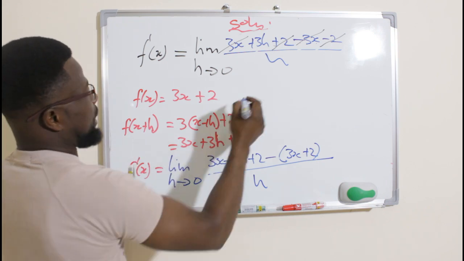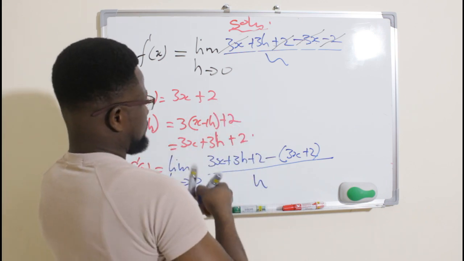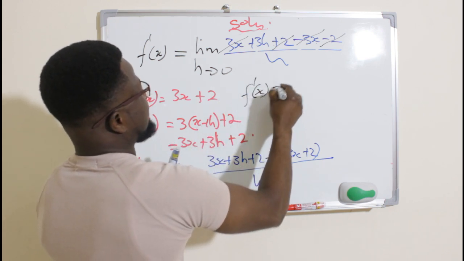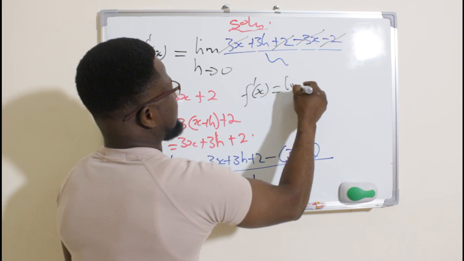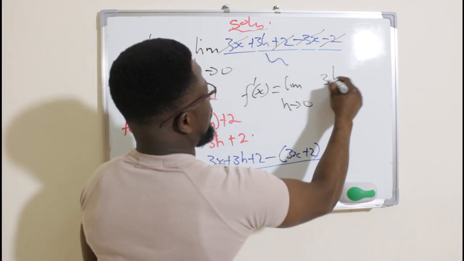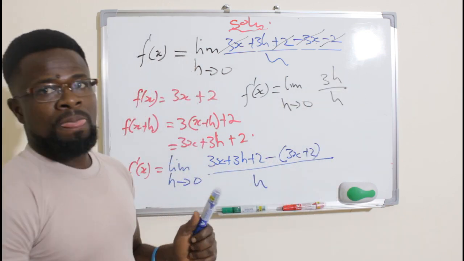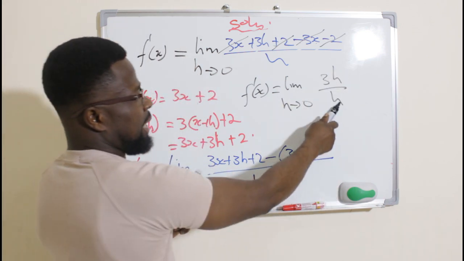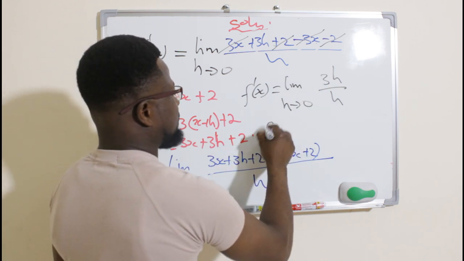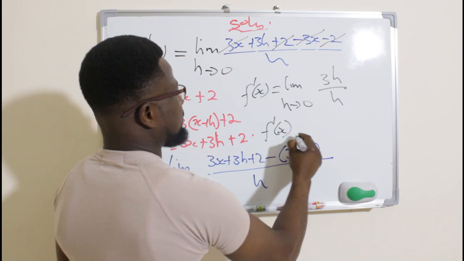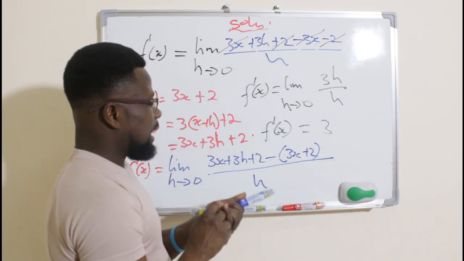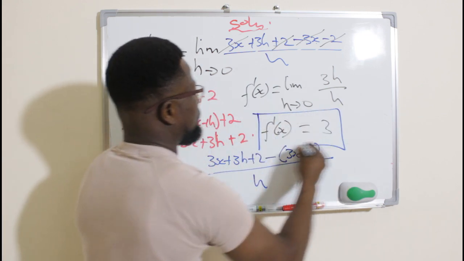What we are left with is f prime of x is equal to the limit as h approaches 0 of 3h over h. Now let's look at something. The h and h can cancel out, therefore I am left with f prime of x is now equal to 3, and that is the answer that we are looking for.